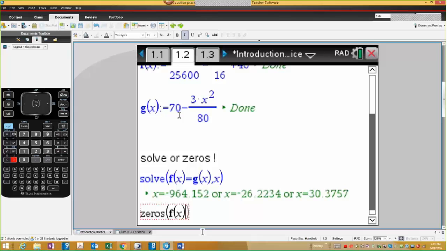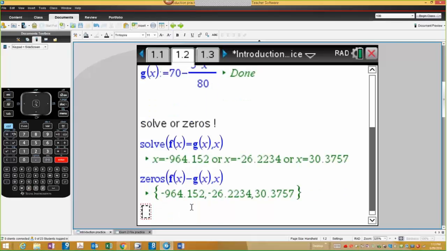So if I rearrange this expression up above here in blue and move g of x over the other side, that would be f of x take away g of x, comma x. And so what the calculator does is it sets that expression equal to 0, which, as you can see, I get the same results, but they are displayed in a list as opposed to set out separately as the solve does with the x equals in each case.